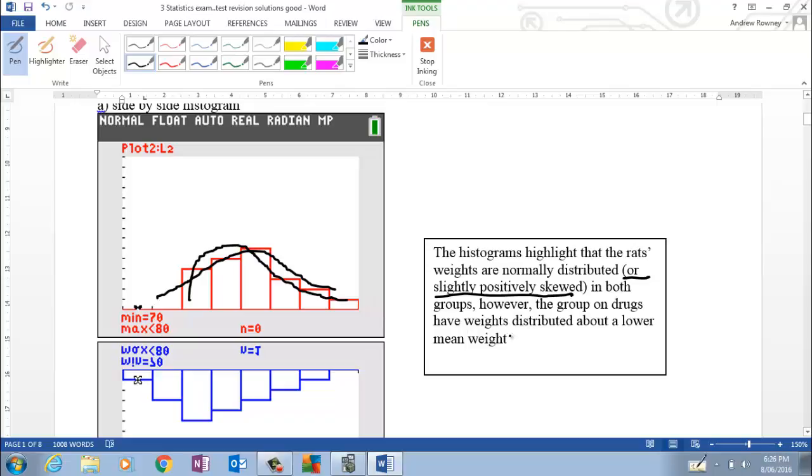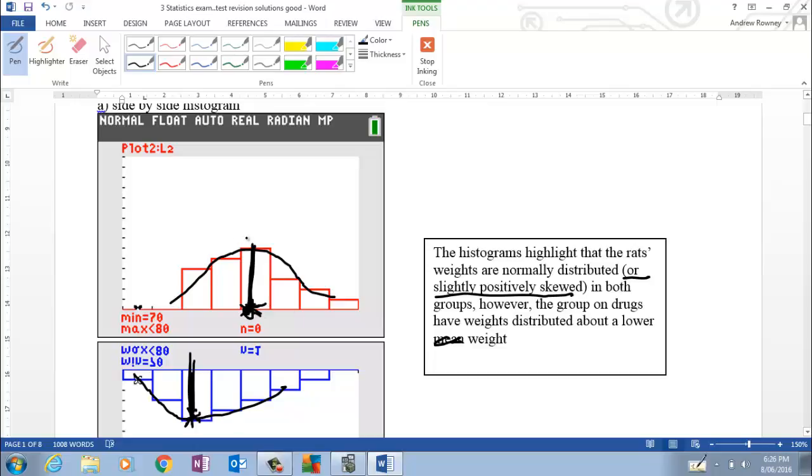However, the group on drugs have weights distributed about a lower mean. Or rather, that should be lower median, because the middle value here is the median. So you can see that I've done a side-by-side box plot, so keeping the categories lined up. So we can actually see that the median here is occurring around this value, whereas the median with this one is occurring around this value.